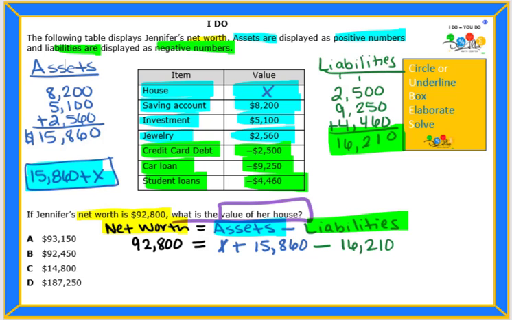So notice that right here I have to do this math because I want to simplify this and I am combining like terms. So 15,860 minus 16,210, I am subtracting a larger number from a smaller number, so I know my answer is going to be negative. But I'm going to go ahead and subtract 16,210 minus $15,860. I might have to borrow and regroup, and borrow and regroup again.